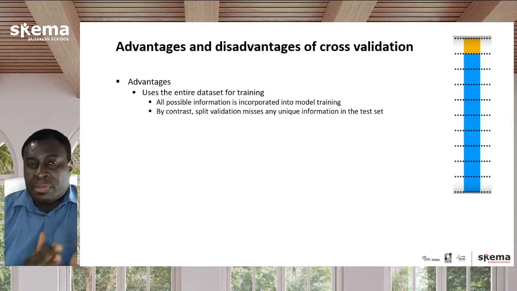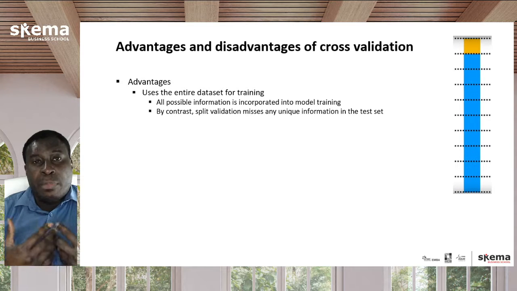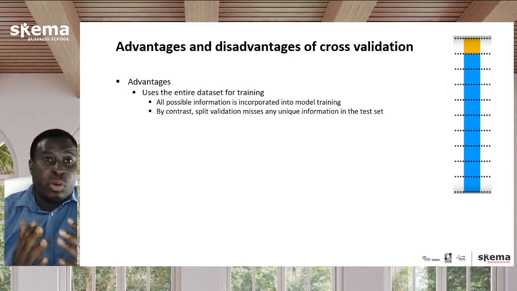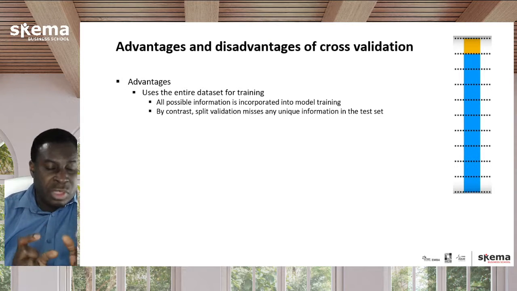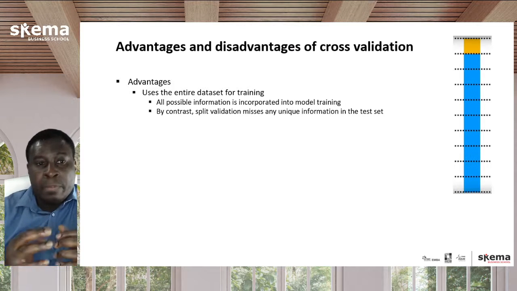So no matter what the split is, there's always part of the data that is never used to train the model, which means that the model is developed not based on the full data set, but only a partial set. And if there's some interesting or unique important features or phenomena going on in the part that is reserved for testing, it never makes it into the model.